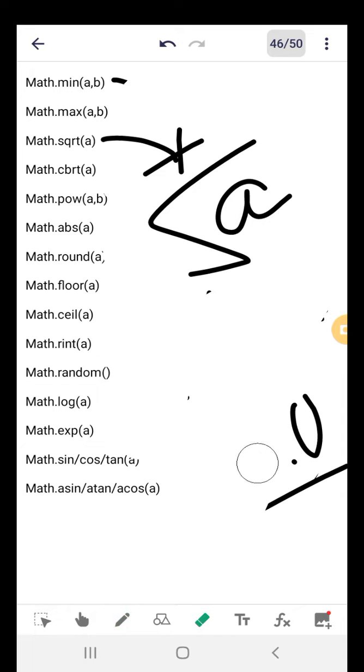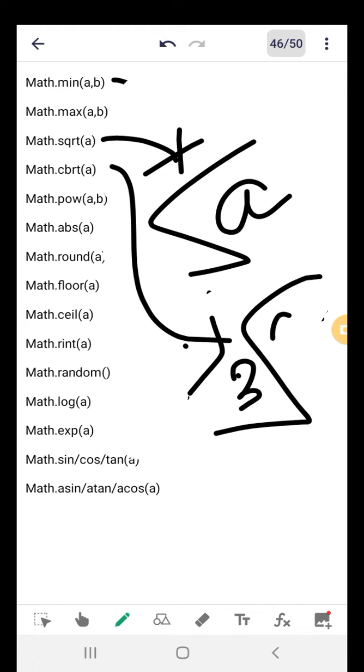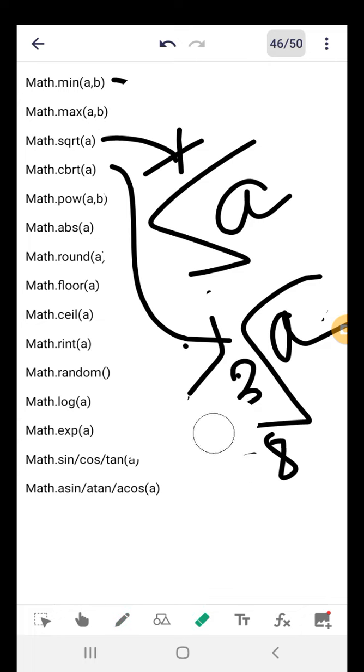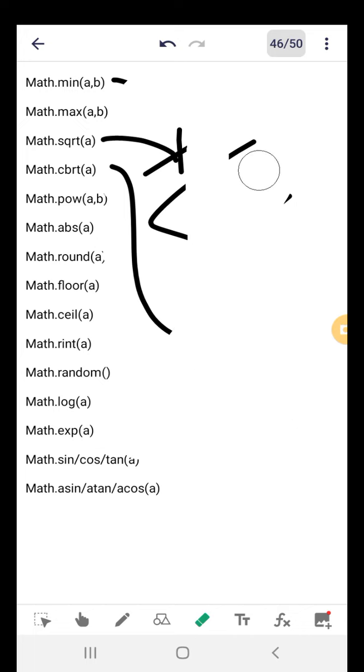In the same way, cbrt, I hope you got it, is the cube root of a. A is the parameter, so cube root of a. If a is equal to 8, it will return 2.0. It returns the double data type, so obviously you have to write .0.